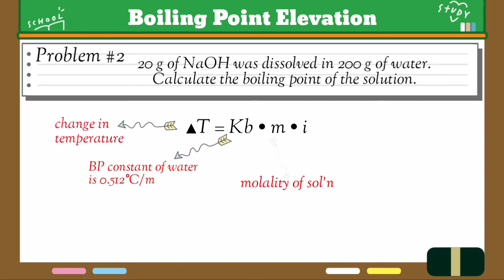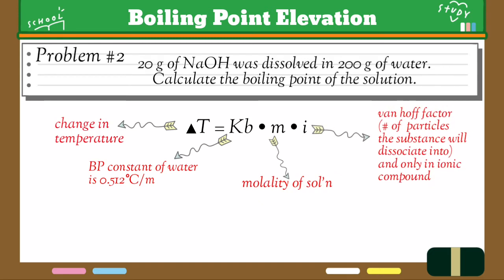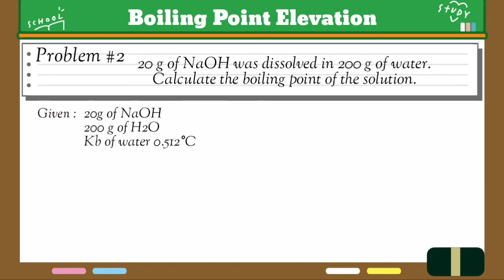M for molality of solution. I for Van 't Hoff factor, the number of particles the substance will dissociate into, and it is used only in ionic compounds. So we have the value for Kb. We need to get the molality and the i value.